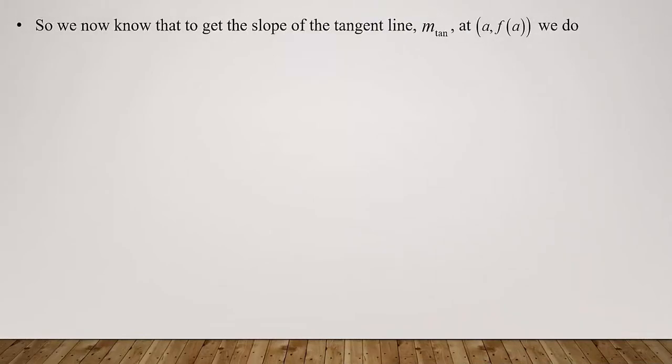All right, after we did that generalization, we now know that to get the slope of a tangent line, m sub tan, at any point A, f of A, we simply need to do the following. The slope of the tangent line is equal to the limit as h approaches 0, f of A plus h minus f of A, all of that over h.